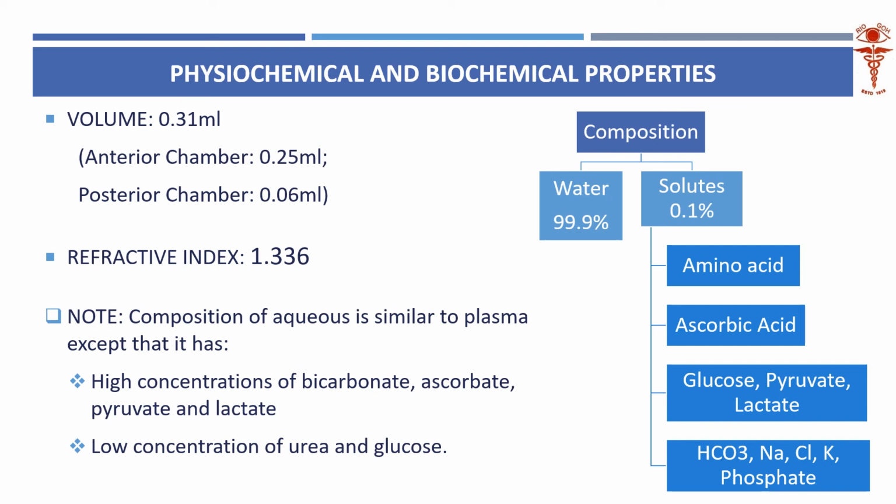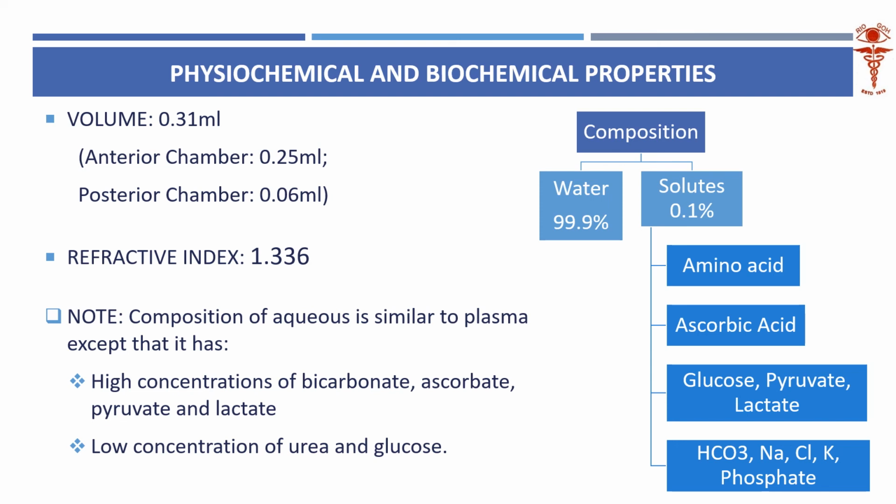Biochemistry of aqueous, we touched upon in the first slide. We said that aqueous, though it is secreted from plasma, is unique. I told you that it has certain substances in high concentration and certain substances in low concentration. Low concentration is urea and glucose. Remember, glucose and urea are very low concentration. Bicarbonate, ascorbate, pyruvate and lactate are high concentration. You can remember it like this.